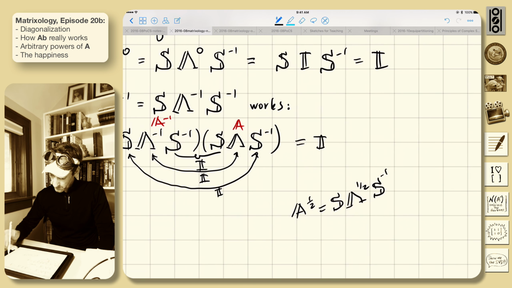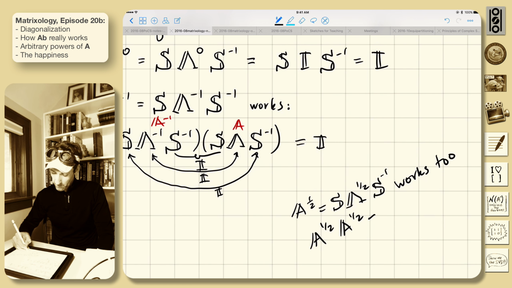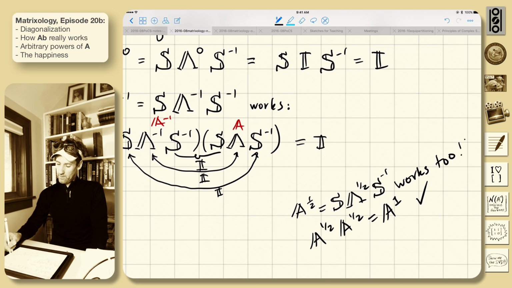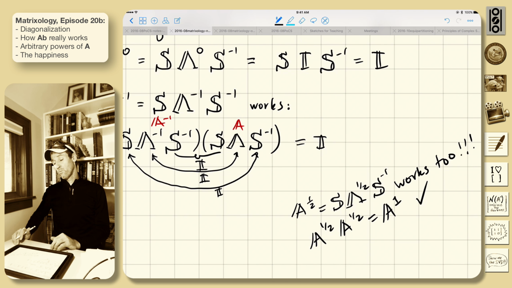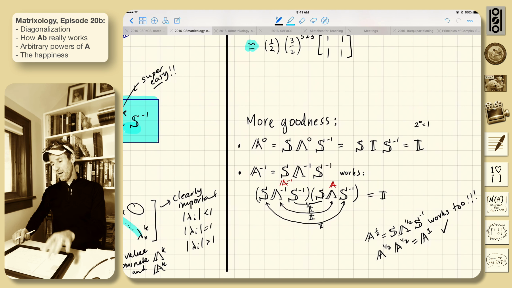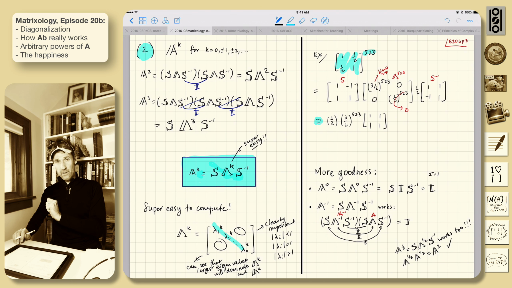That's pretty nuts, right? It works too. If you multiply these together, A to the half times A to the half, it will equal A to the 1. So now we can have arbitrary powers of matrices. Pretty bananas. That is a cool thing.